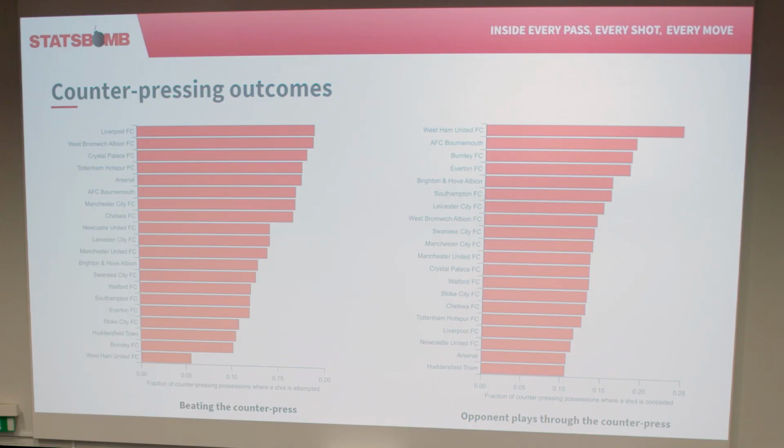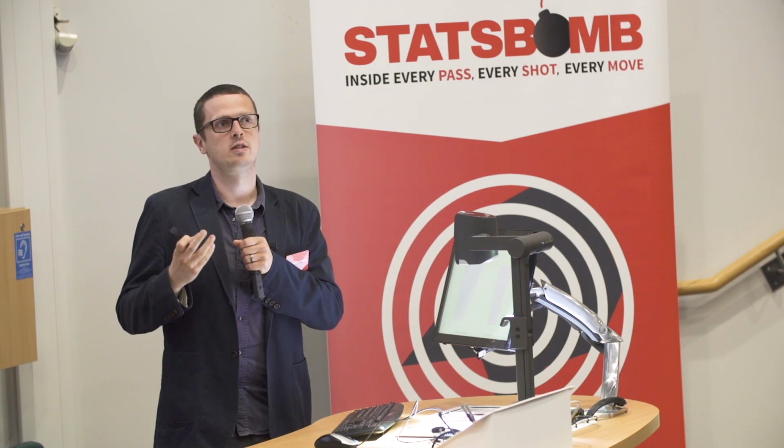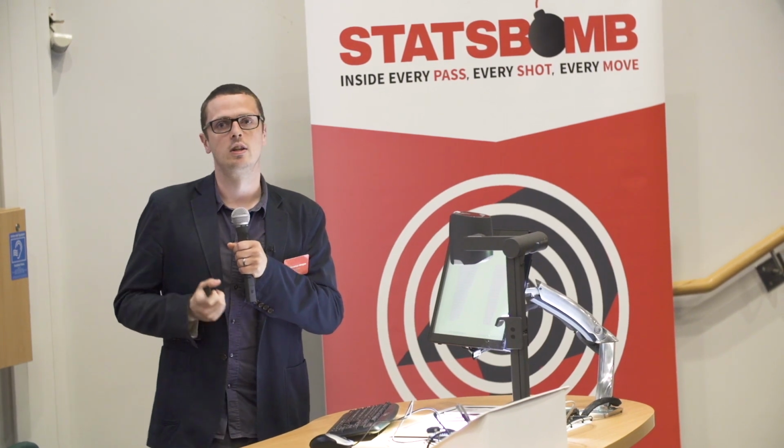On the right, failed is probably a strong word, but it's one way of looking at opponents that are able to play through the counter-press. So when a team counter-presses, what happens in those possessions? Here it's simply whether a shot is conceded. At the top here is West Ham United, quite a way out in front. Again, a bit of an asterisk on that one because I think there's only 11 games for West Ham in the data set. Burnley are third on this list, but I can tell you those counter-pressing possessions are generally quite slow with Burnley in terms of the speed that their opponents are attacking.